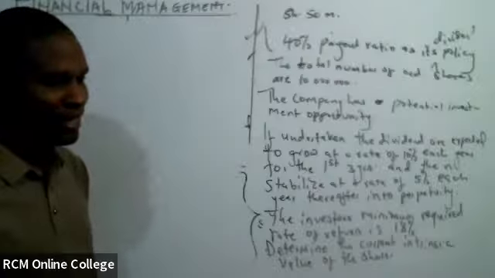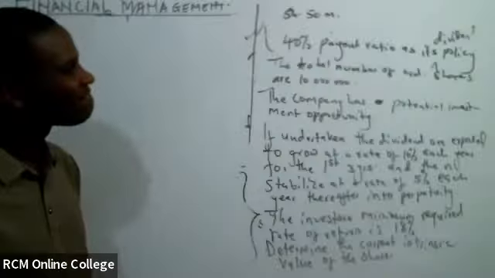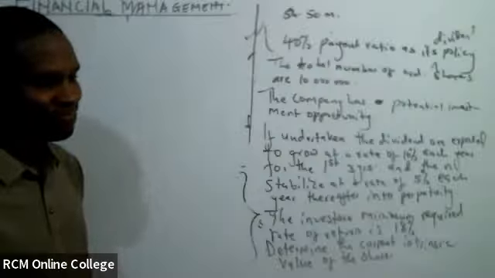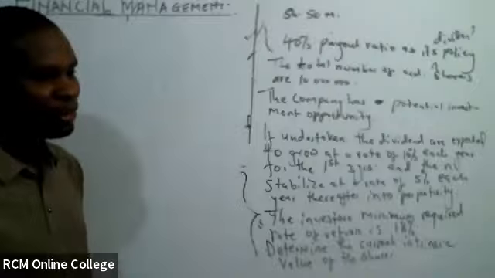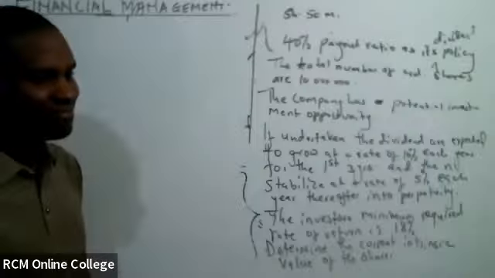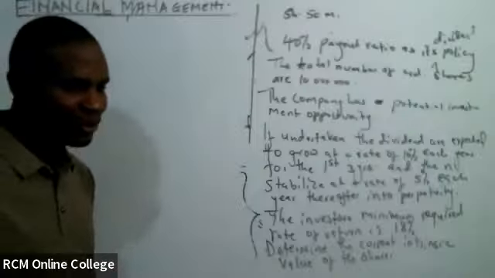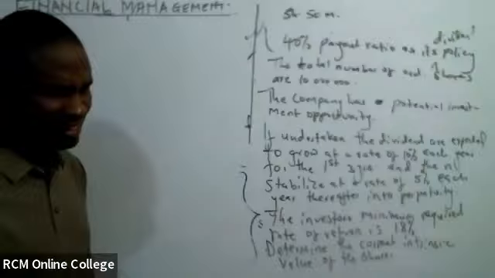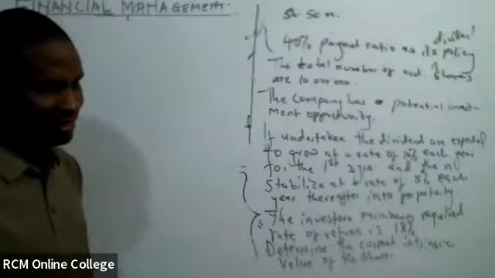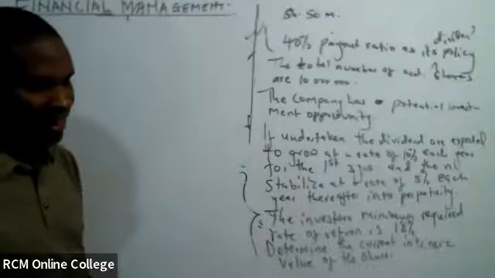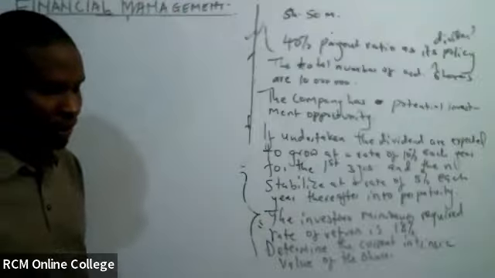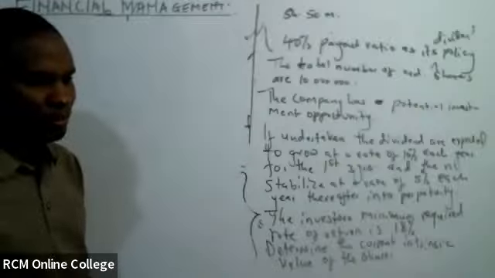What is the total dividend paid? Total dividend paid is 20 million.